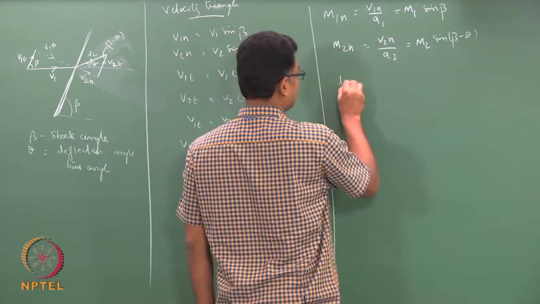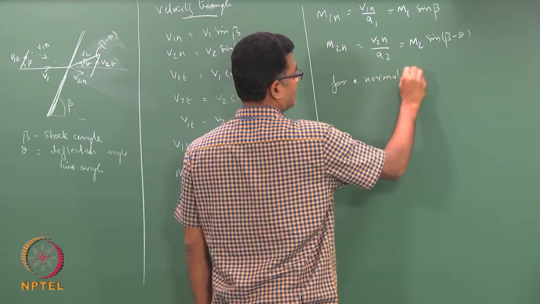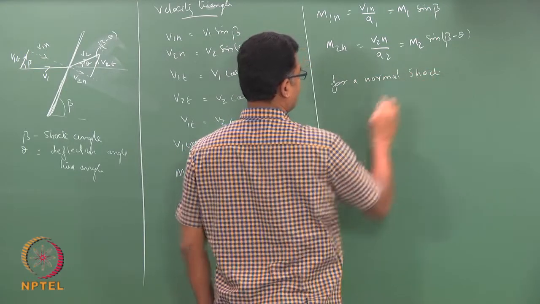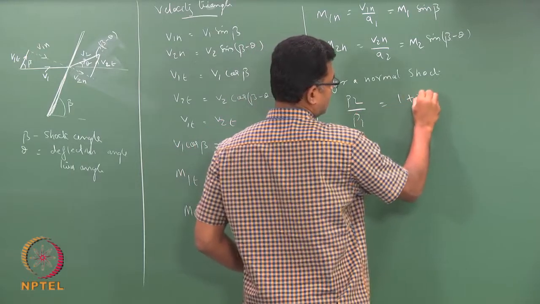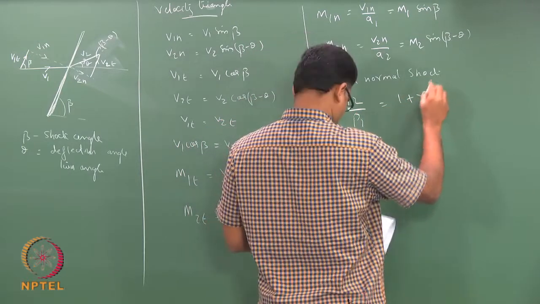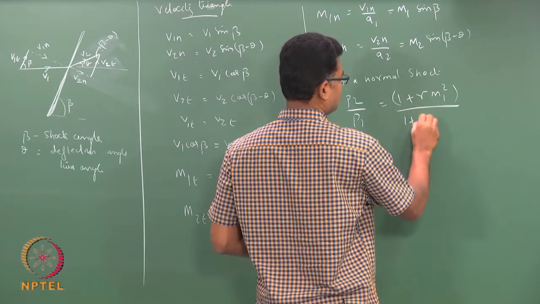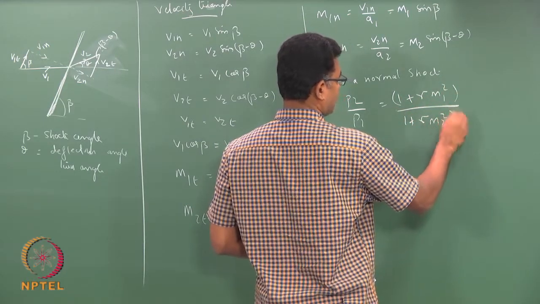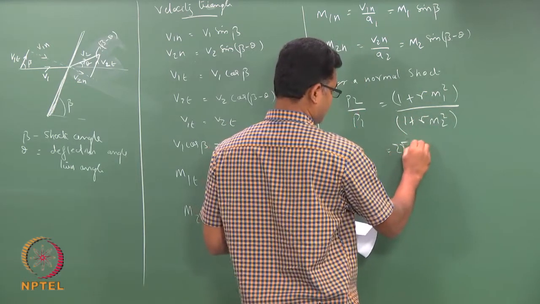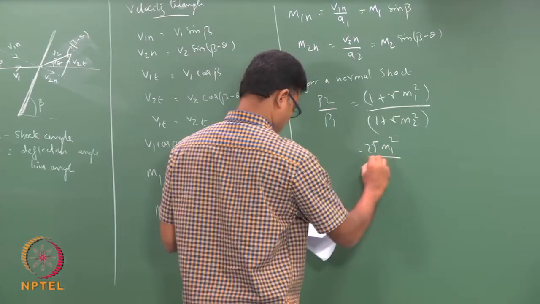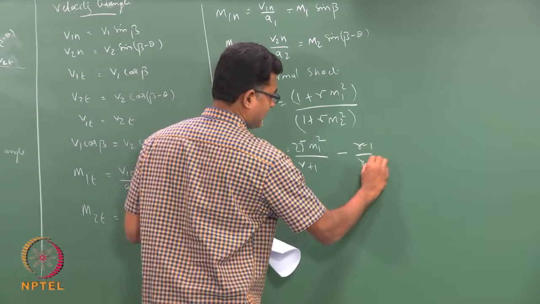So, for a normal shock, I can write P2 by P1 as (1 plus gamma M1 squared) divided by (1 plus gamma M2 squared), or I can also write this as 2 gamma M1 squared by (gamma plus 1) minus (gamma minus 1) by (gamma plus 1).